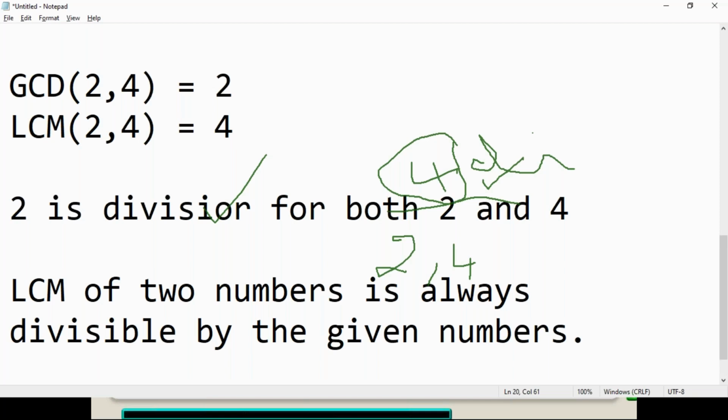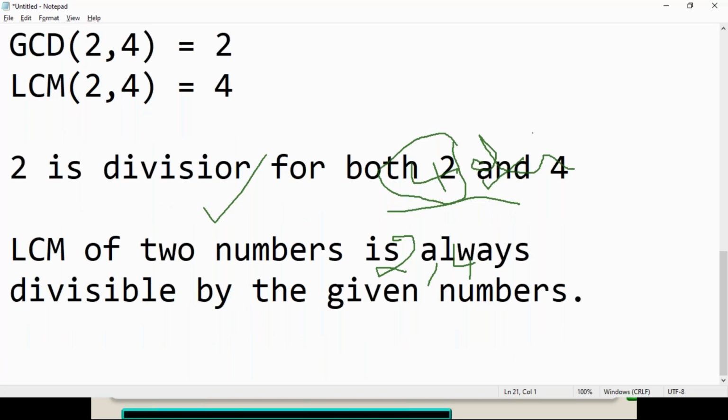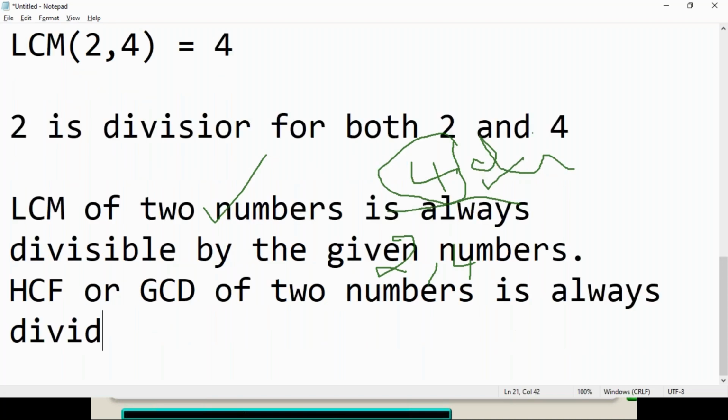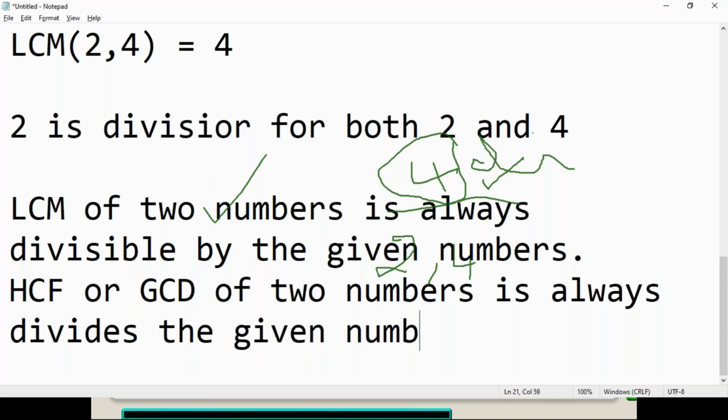Second point: HCF or GCD of two numbers is always a divisor of the given numbers. It divides the given numbers.